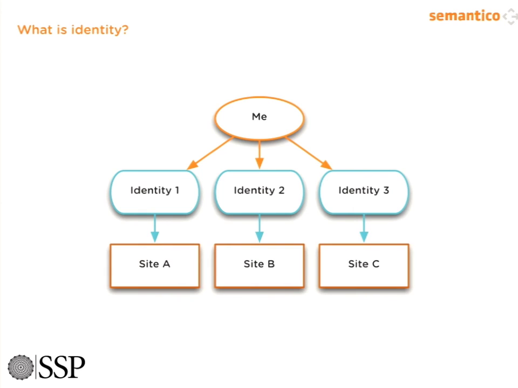And I might want to have several different identities. I'm something that the computer can never see effectively. But the computer can see my identities by way of these different sorts of attributes that I can expose about myself. And OpenID Connect gives us a way of letting me select different identities to use with different websites.